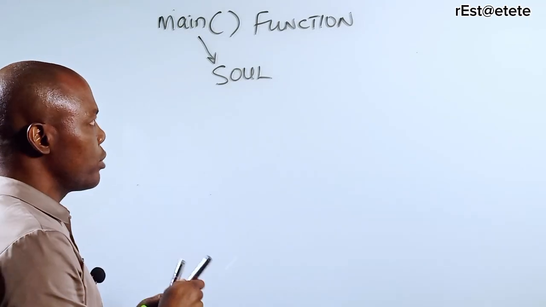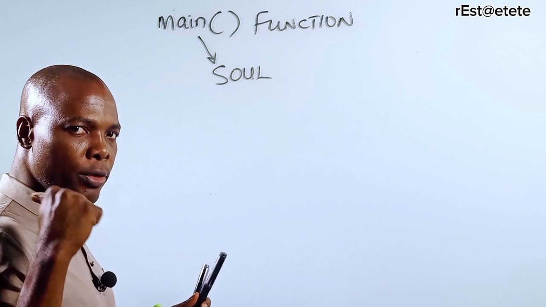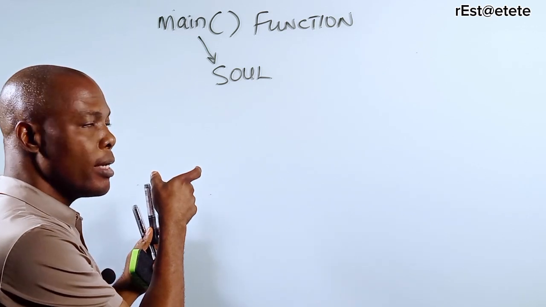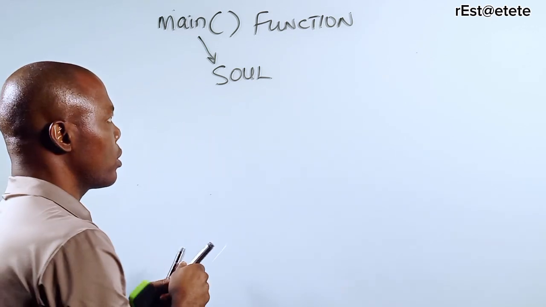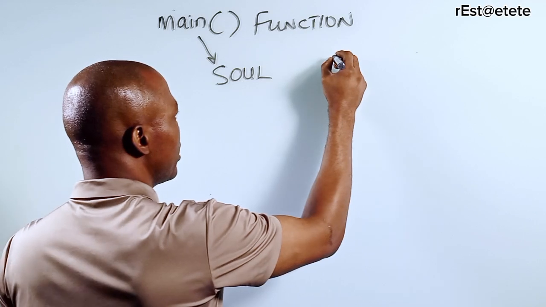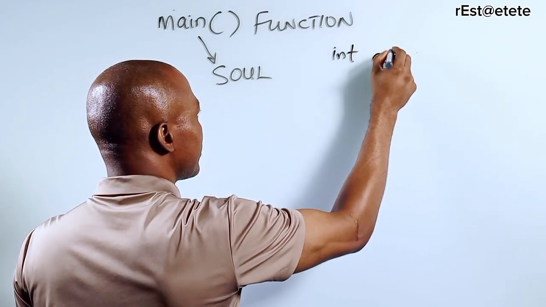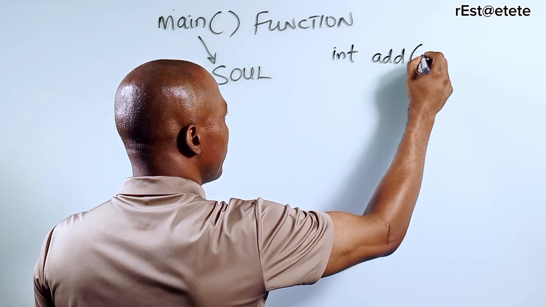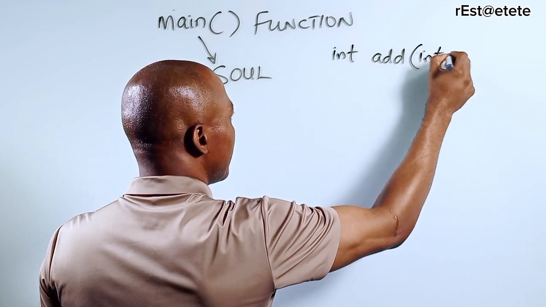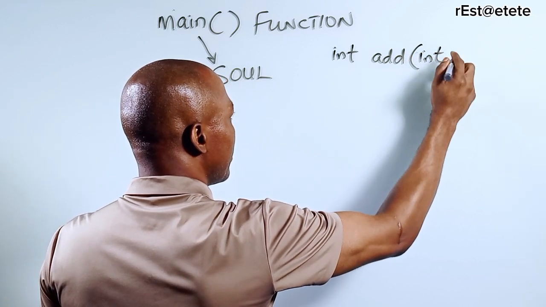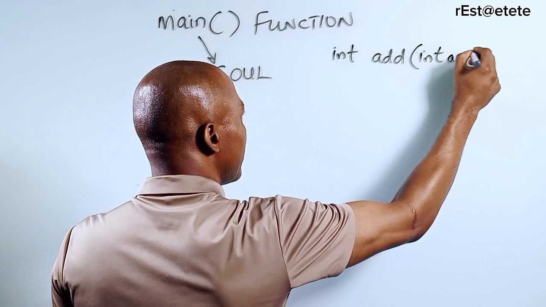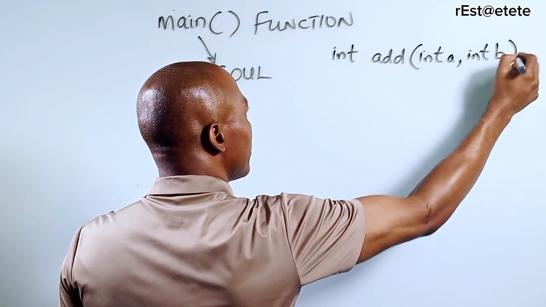Now, I'm going to write the function that I wrote in the last class. Then I'm going to write the main function to call that function. So the function we wrote was int add, right? Then we say int a, comma, int b.